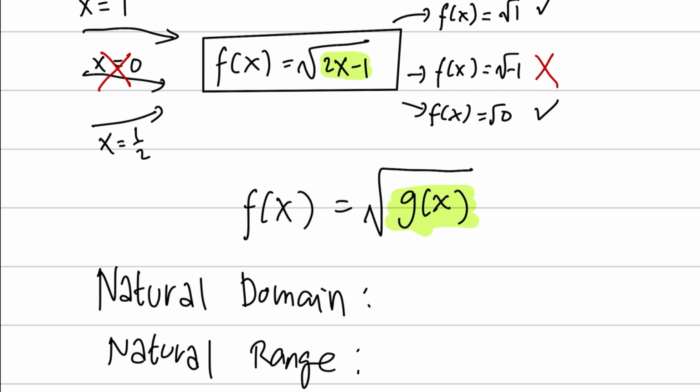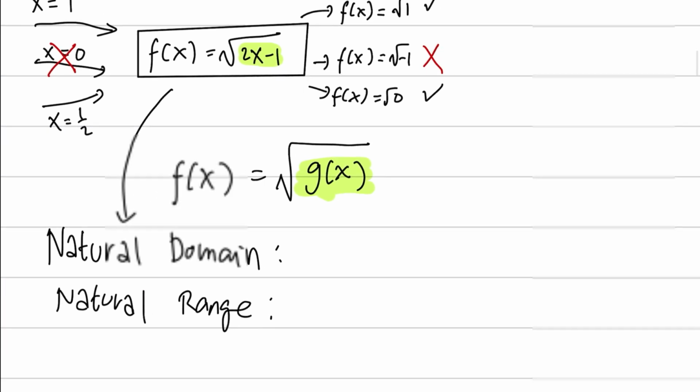To find the natural domain of this function, the key is everything inside the square root, let's call it g(x), or just use 2x - 1 directly. Everything inside the square root must be bigger than or equal to 0. It has to be positive and can be 0 as well, but cannot be negative.